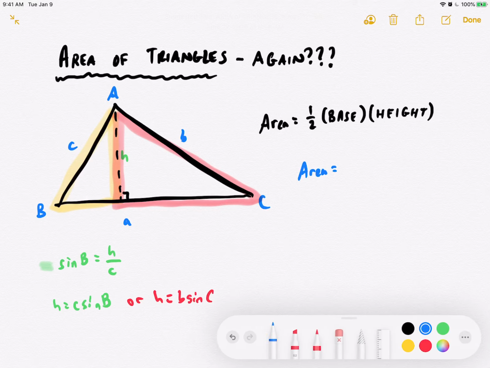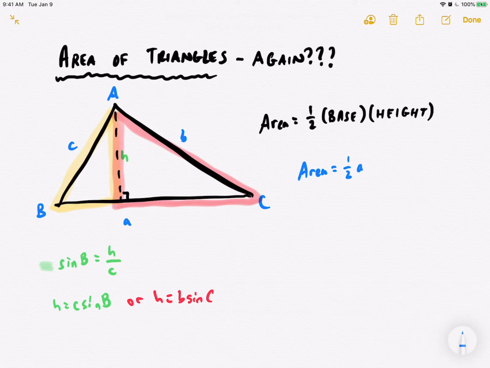And that is area is equal to half the base, which is a, multiplied by the height, which is b sine C. And the other possibility is 1/2 the base, which is a, times the height, which is c sine B. And both those formulas have a nice little ring to them. 1/2 ab sine C, 1/2 ac sine B. Another possibility, if I drew a different height, would be 1/2 bc sine A.